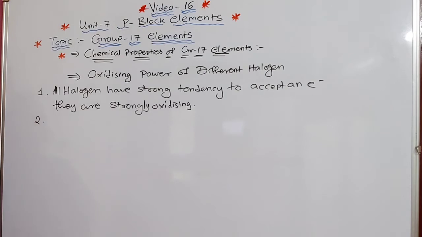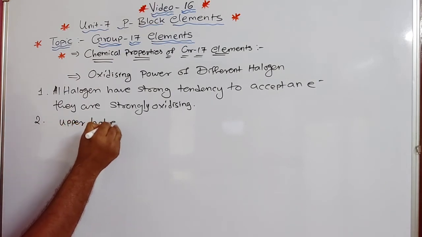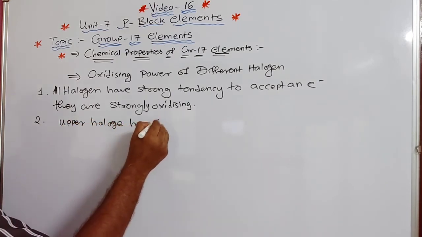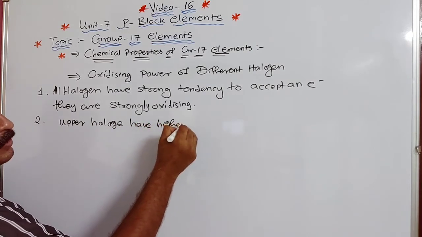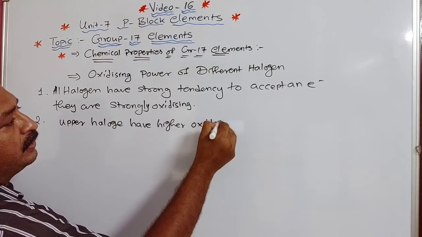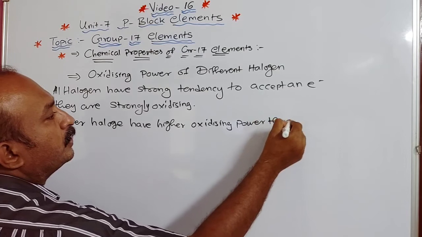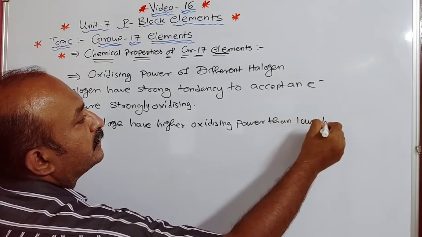Now the next part: the upper halogen has greater oxidizing power than the lower halogen. What is the meaning of that? Upper halogens have higher or stronger oxidizing power than lower halogens. Clear?